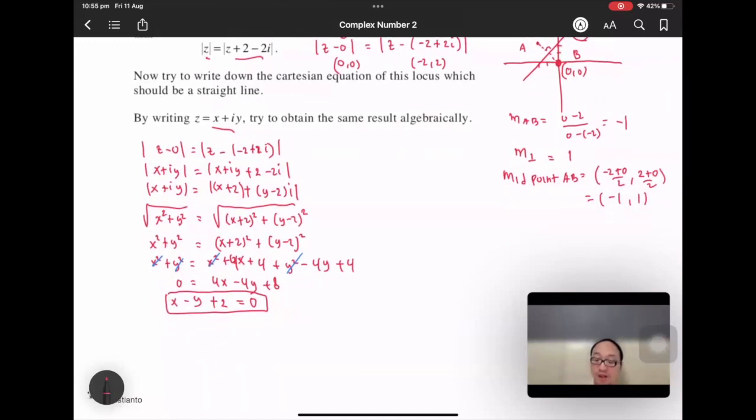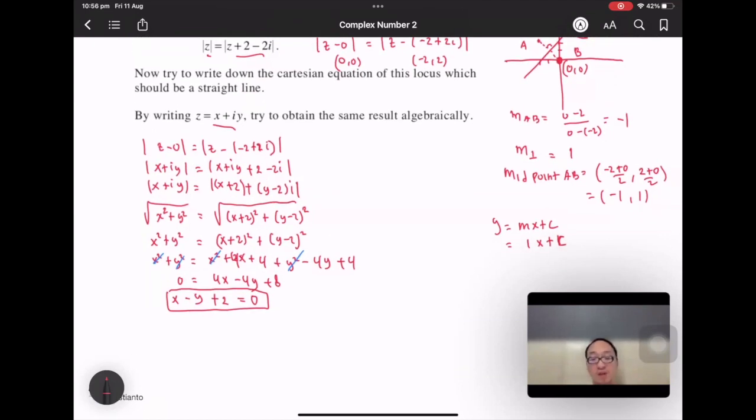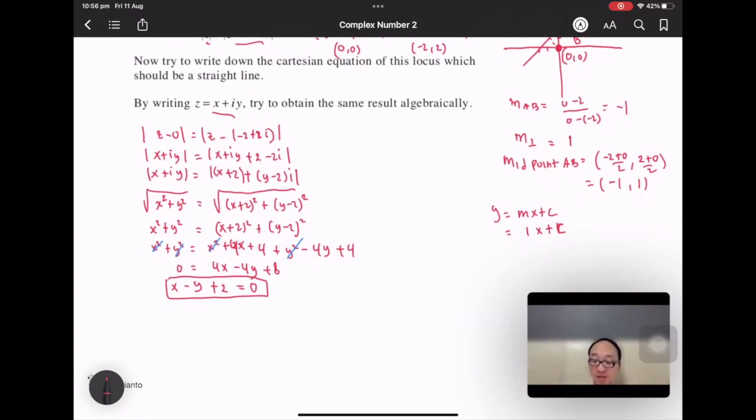And then we can find the equation of the line, y equals mx plus c. The gradient is 1, so 1x plus c. Because the perpendicular bisector passes through the midpoint, we can substitute the midpoint. So 1 equals 1 times negative 1 plus c.